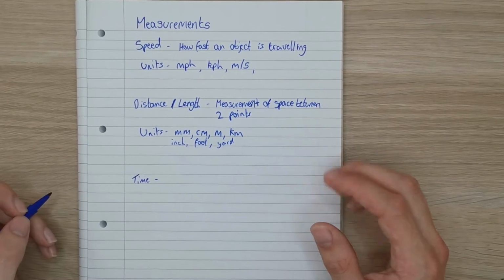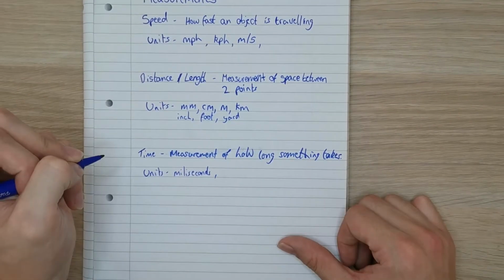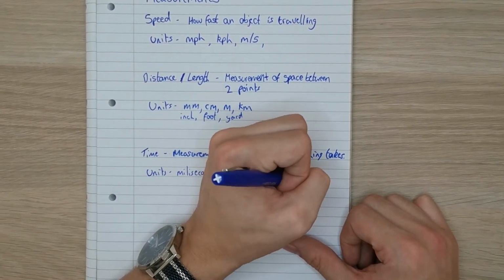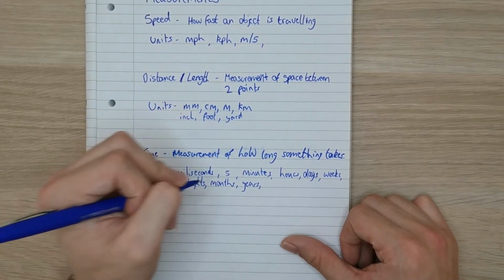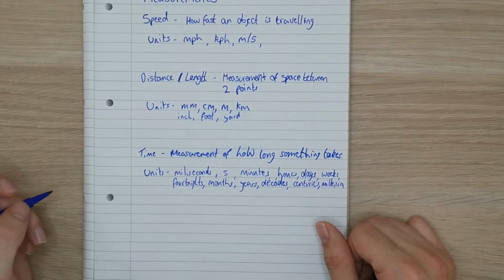Time now. So time is the measurement of how long something takes. What units do we have for time? Milliseconds, seconds, minutes, hours, days, weeks, fortnights, months, years, decades, centuries, and millennia.